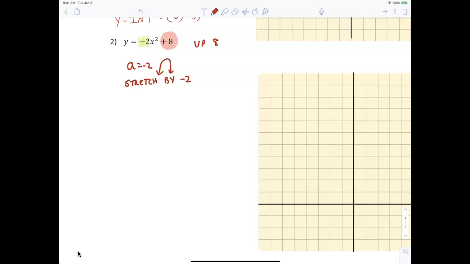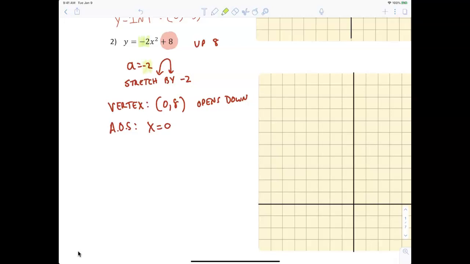So remember, if you go up 8, that means the vertex is at (0, 8). Now, I want you to remember it opens down, okay? So the axis of symmetry is still x equals 0, right? And because it's -2, it's going to have a vertical stretch of -2.